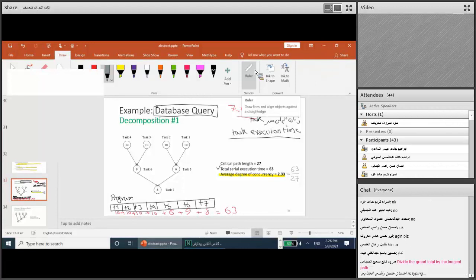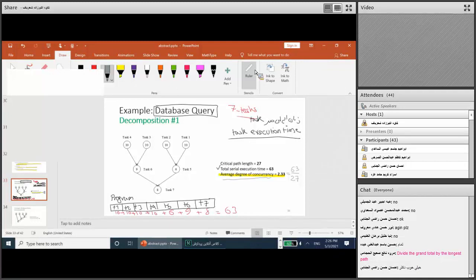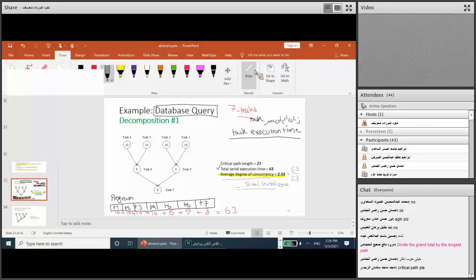For the average degree of concurrency, you mean? Average degree of concurrency is equal to the total serial execution time divided by the critical path length.